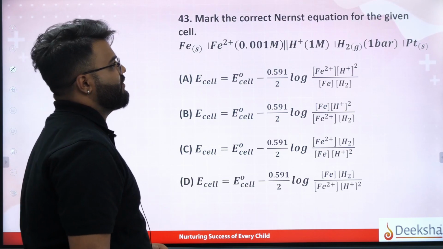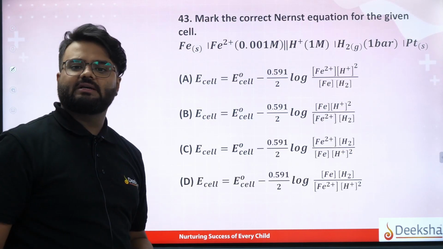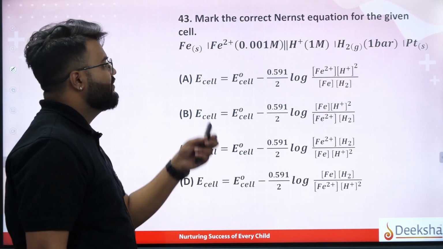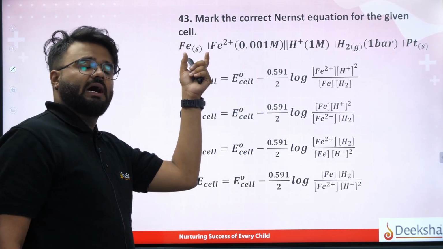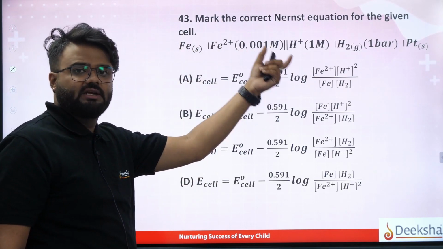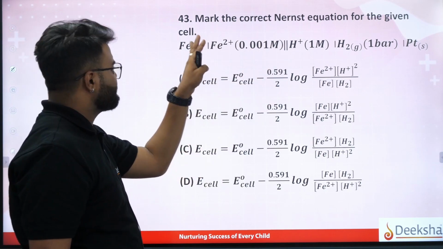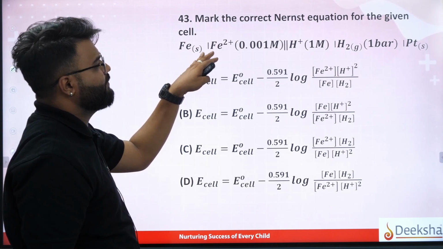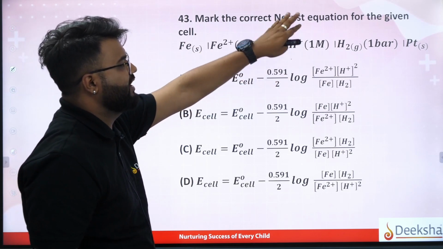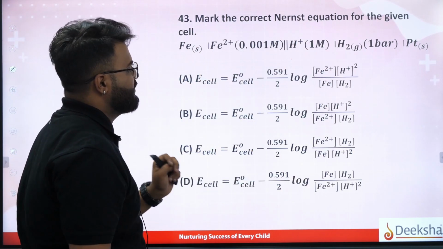Now write the Nernst equation for the given cell. If I write the Nernst equation for the given cell, we will write it for the reduction and oxidation, and when we do that, we get the correct equation, that is 2Fe3+ plus H2 gives rise to 2H+ and 2Fe2+. So what will be the correct answer?